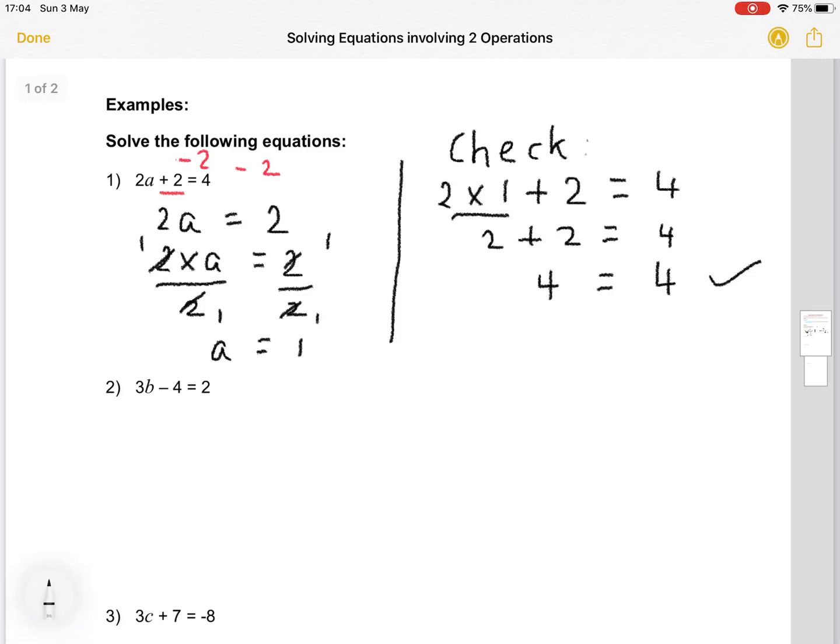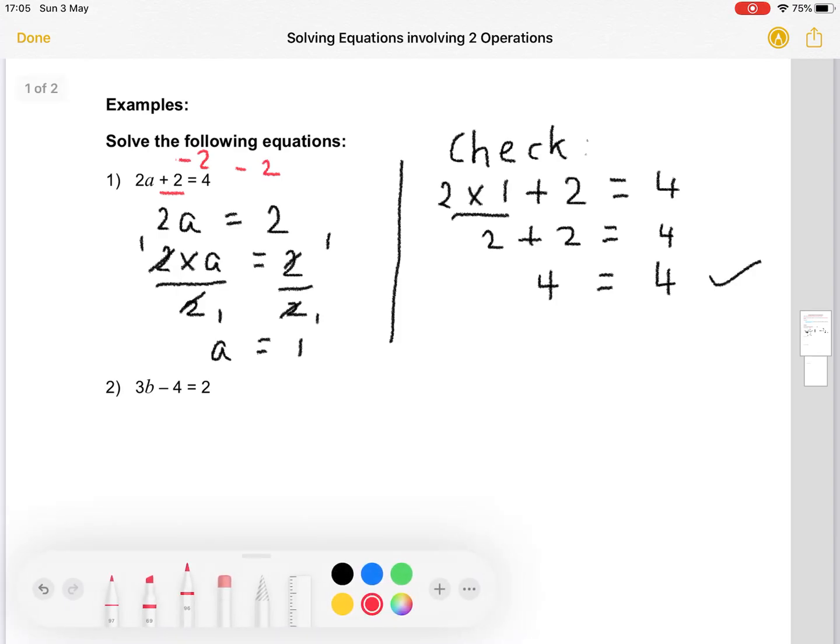The second equation, 3b minus 4 is equal to 2. We must end with the letter term on its own, eventually with b on its own, to find the value of b. So first we must remove the number term which is on the same side of the letter term.